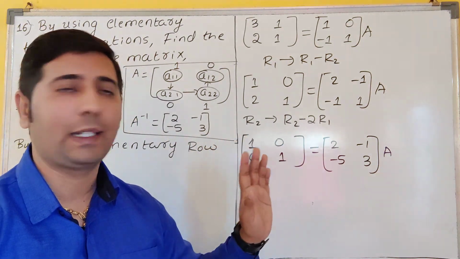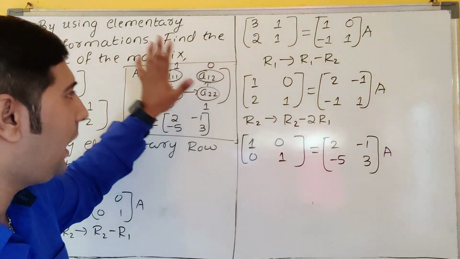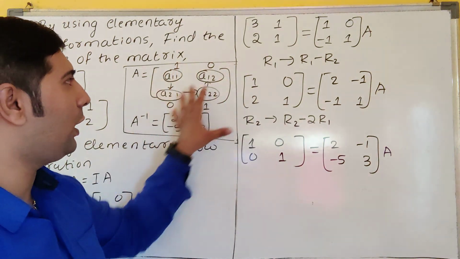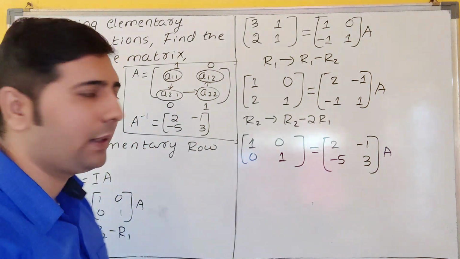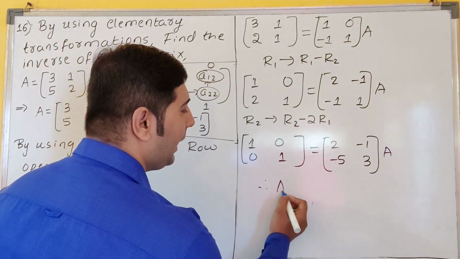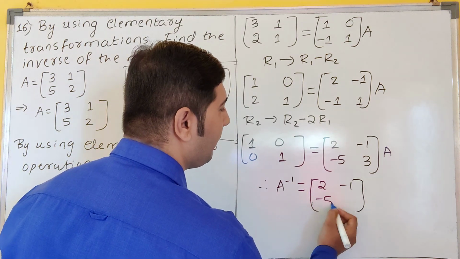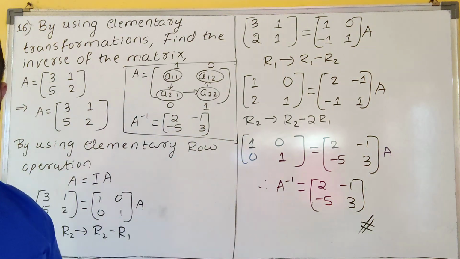This is how we are getting it in the shortcut. Actually this is not required to write in my exam and in notes also. We want from here to here. This box is not required. For your understanding purpose I have written it in the shortcut. So therefore A inverse is equal to 2 minus 1 minus 5 3. This is your answer, dear students.